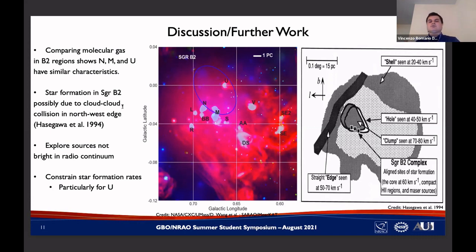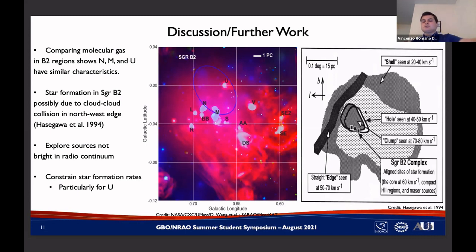The Hasegawa model from a 1994 paper states that the overall star-forming activity in the cloud is likely due to a cloud-cloud collision in this northwest edge.